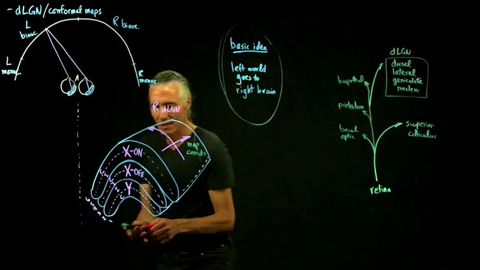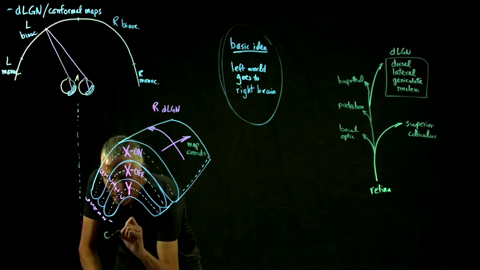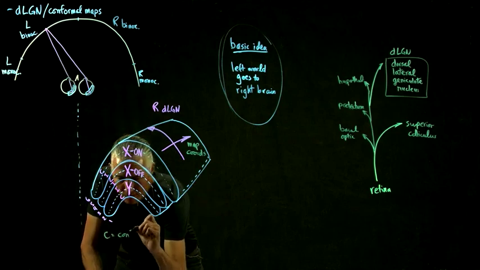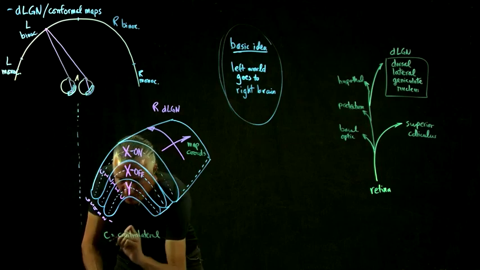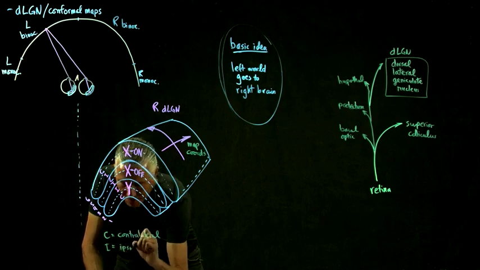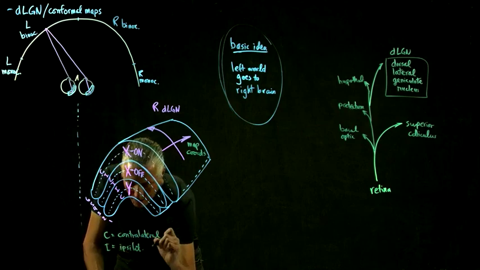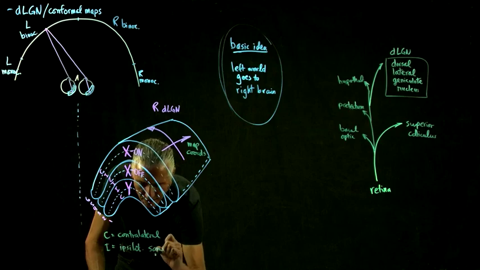So let me just put down here. C equals contralateral, just meaning going from the opposite eye. And ipsilateral means coming from the same eye. Same side, yeah. Okay, so that's the geniculate.